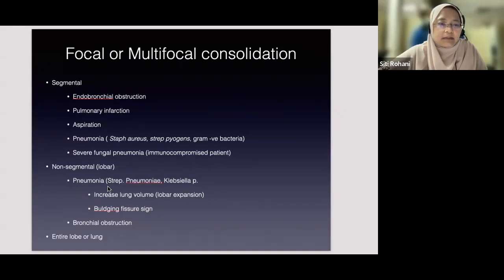For non-segmental or lobar consolidation, we will be thinking of Streptococcus pneumonia or Klebsiella pneumonia, which cause increase in lung volume and lobar expansion rather than slight volume loss, with bulging of the fissure sign, as well as bronchial obstruction.